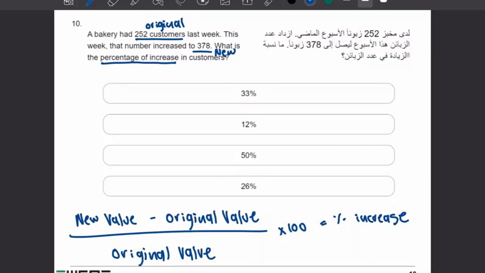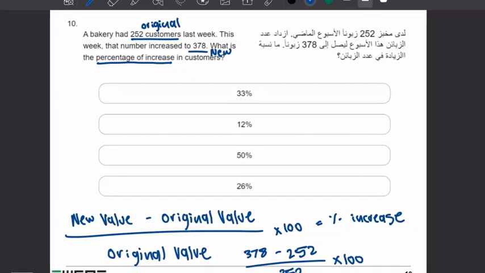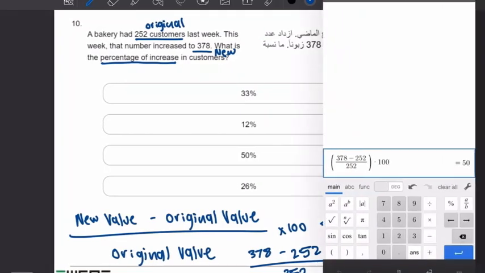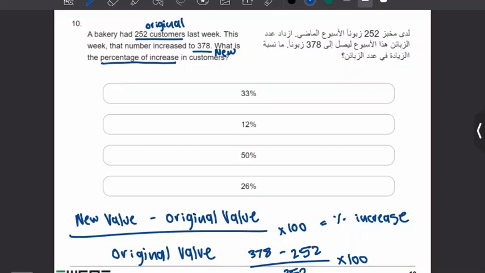So the new value is 378 minus 252 divided by 252 multiplied by 100. And you would input that into the calculator and it would give you 50%. So the percentage of increase would be 50%.